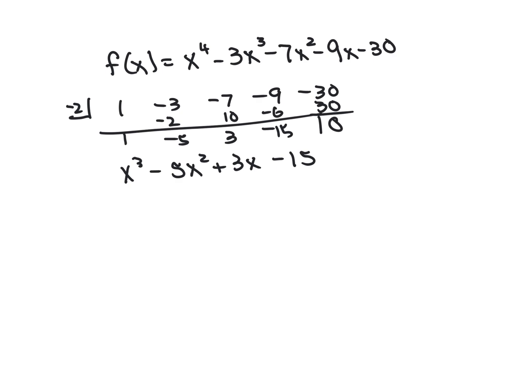Bring down the 1, multiply 1 times negative 2, and add, multiply, add, multiply, add, multiply, add. So we get a remainder of 0. That tells me that now I have x cubed minus 5x squared plus 3x minus 15.